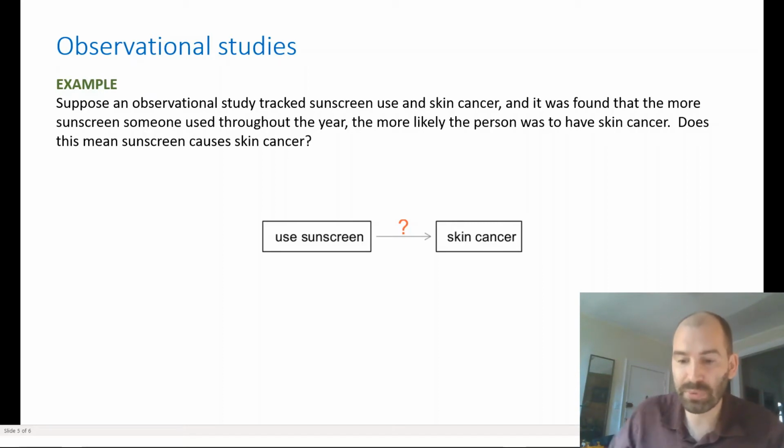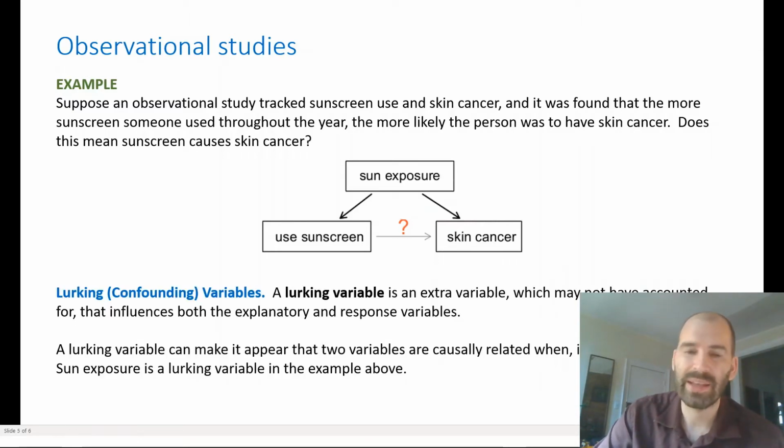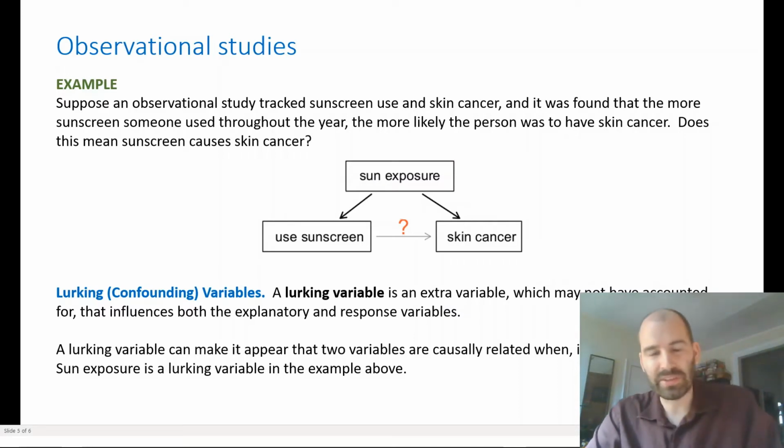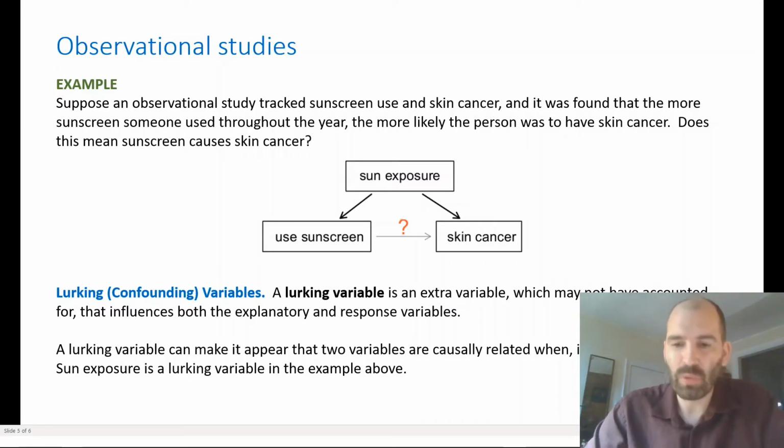So it seems pretty convincing, maybe? Or could there be something else explaining this? And sure enough, there is something else explaining this. Sun exposure, right? I mean, if you're going to be exposed to more sun, you're going to use more sunscreen, hopefully. Not everybody, but a lot of people do. But you're also more likely to get skin cancer.